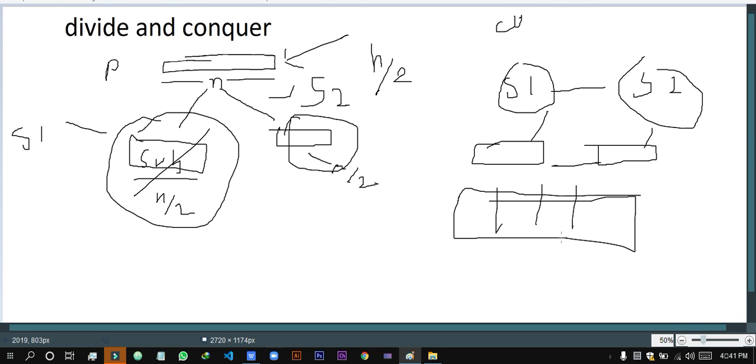We divide an array into subproblems, sort these subproblems, and then the sorted subproblems are merged together to get a sorted array.